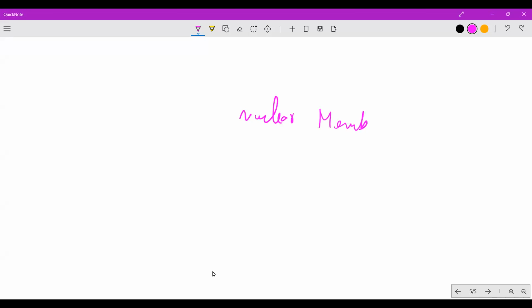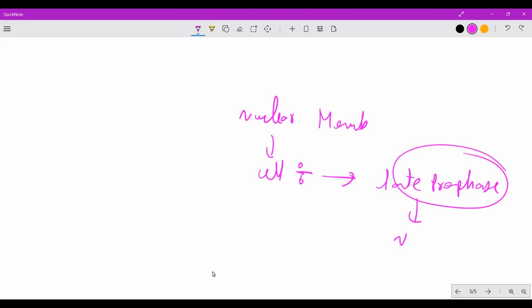अगर मैं nuclear membrane की बात करता हूं, हमें पता है जब भी cell division होती है, during the cell division, when we talk about the late prophase, in the late prophase, the nuclear membrane disintegrates. We know nuclear membrane breaks down. Why does the nuclear membrane break down?